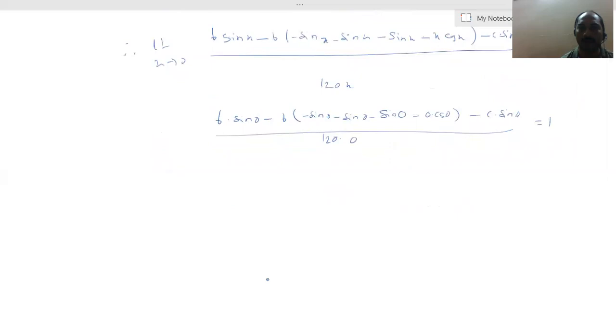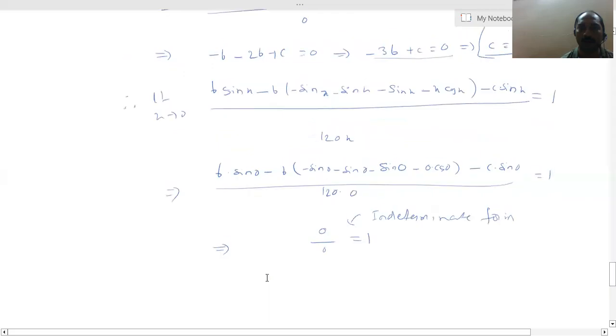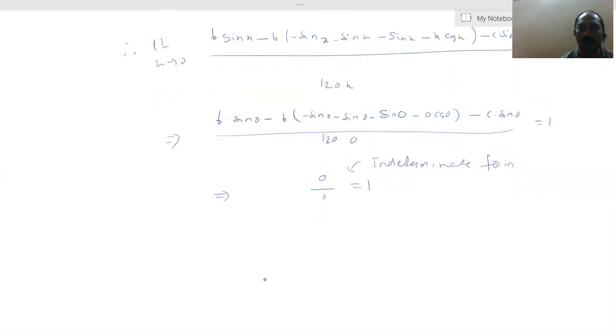The numerator is 0: sin 0 is 0, b into 0 is 0, 0 into cos 0 is 0. So we get 0 by 0, an indeterminate form. So take one more derivative because we get an indeterminate form.